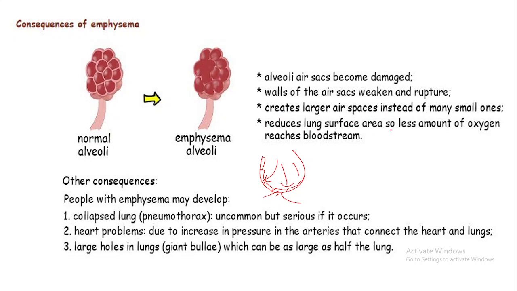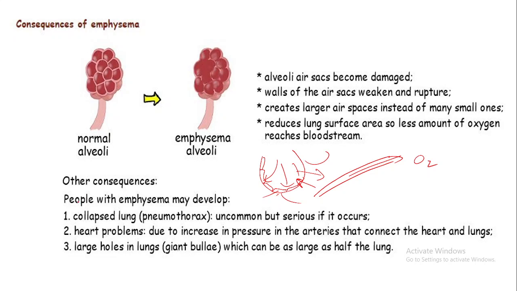It reduces lung surface area, so a lesser amount of oxygen reaches the bloodstream. As I told you, when there is no exchange of gases taking place, what is the blood going to carry to all the parts of the body? Very little oxygen, obtained from those alveoli that are not damaged. So what it is supposed to do efficiently is lost to a larger extent.